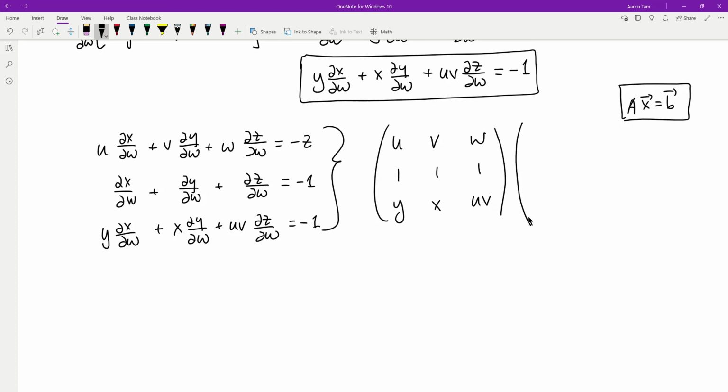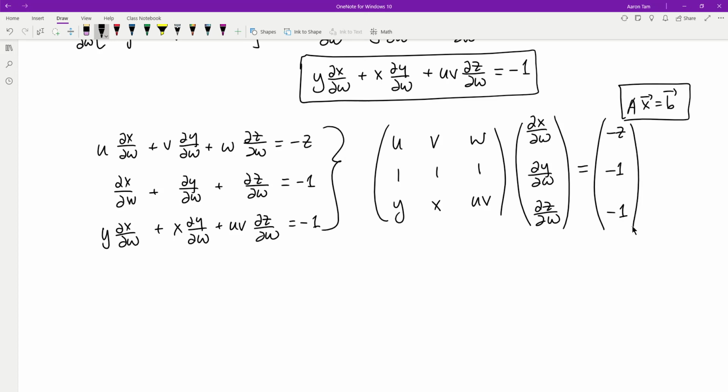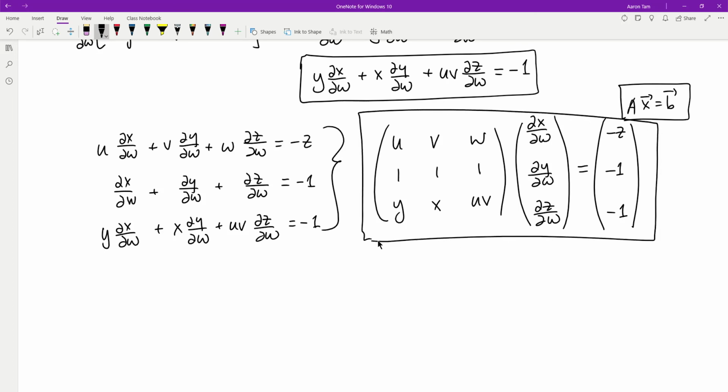Here's my vector x, or the variable vector, which in this case is the three partial derivatives. And yes, you do have to write them vertically. Equal to the right side vector, which is vector b. So that is the answer that you were looking for: A vector x equal to vector b.